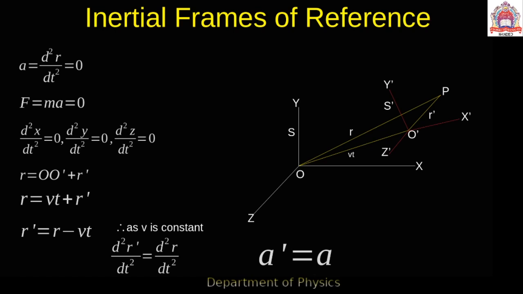This led Newton to think about absolute space. According to Newton, absolute space represents the system of reference relative to which every motion should be measured.